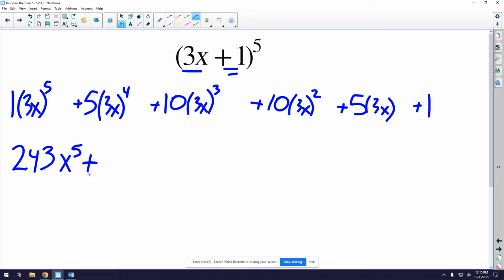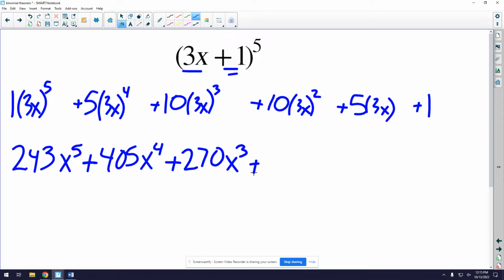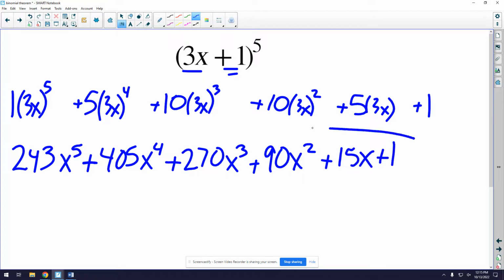It's 405, x to the 4th. 3 to the 3rd is 27, times 10 is 270, x to the 3rd. 3 squared is 9, 9 times 10 is 90, x squared. This one doesn't have an exponent, it's just 5 times 3 is 15x, plus 1.